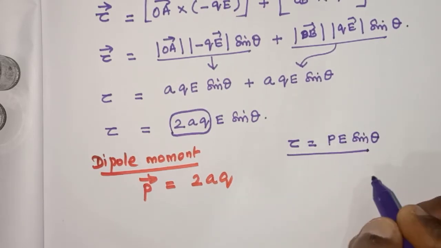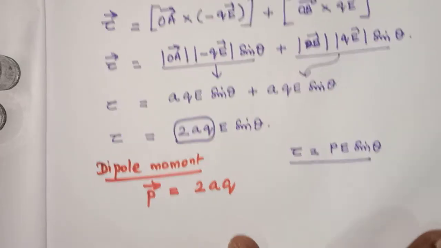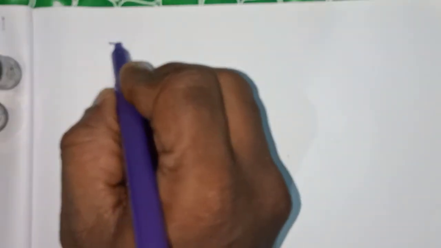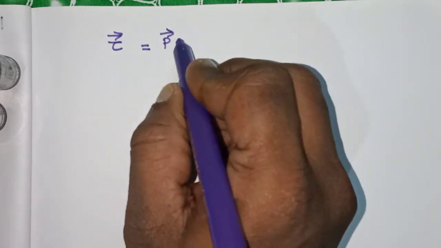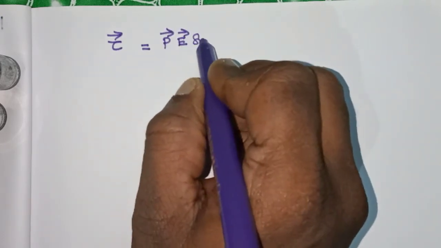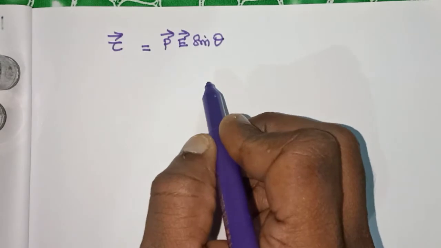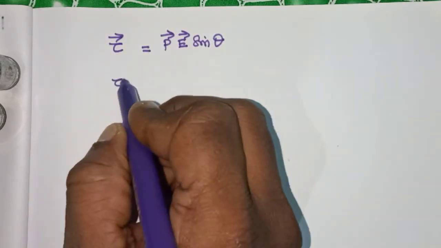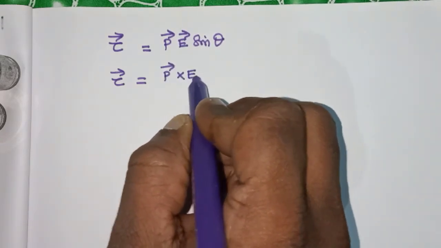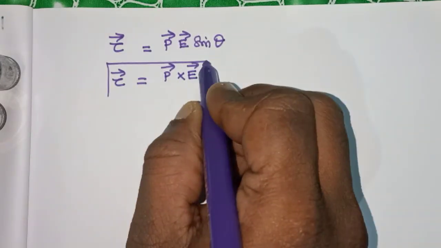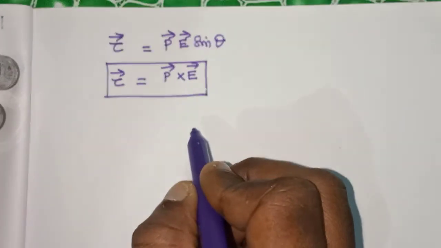This is only for the magnitude. In vector form, tau vector is equal to P vector E vector sin theta. Simply, we call it tau vector equal to P vector cross E vector. This is a very important relation.